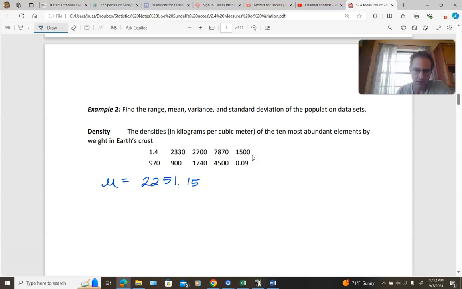I'll round to 2 decimal places, and this would be kilograms per cubic meter. Okay, so this would be the average density of the 10 most abundant elements in the Earth's crust.